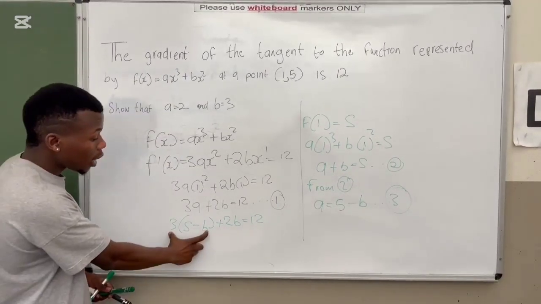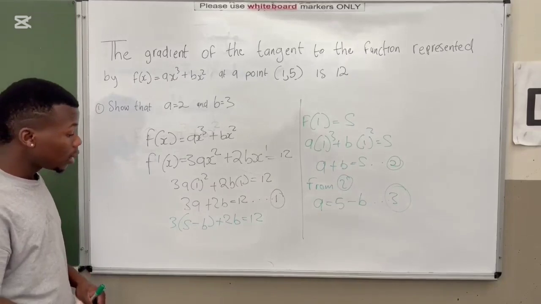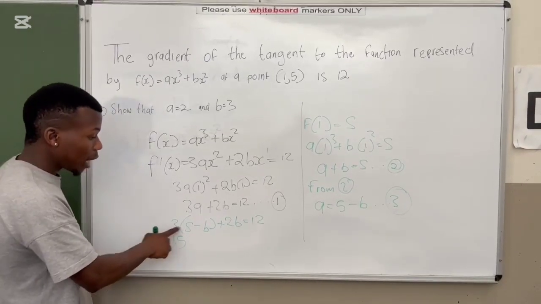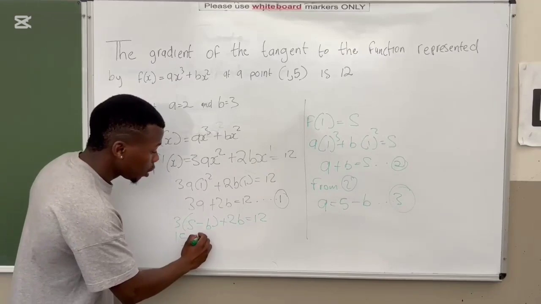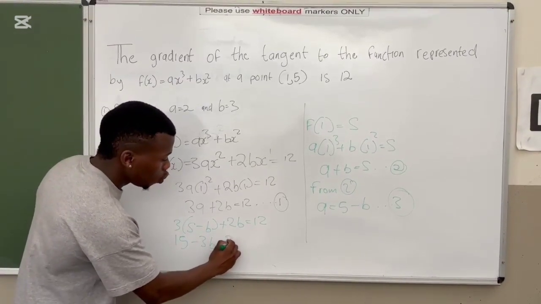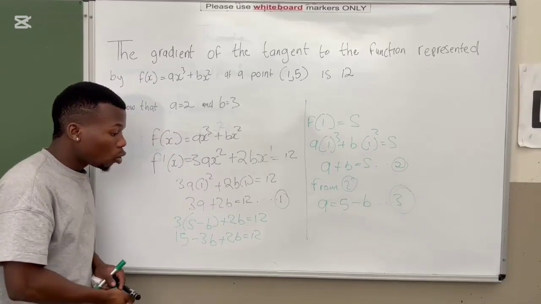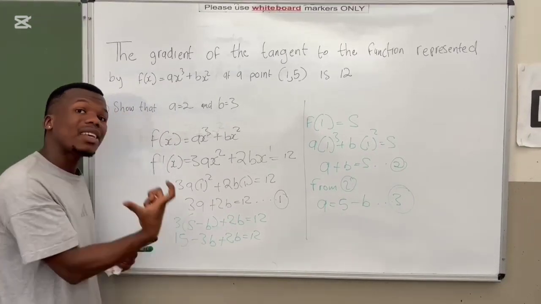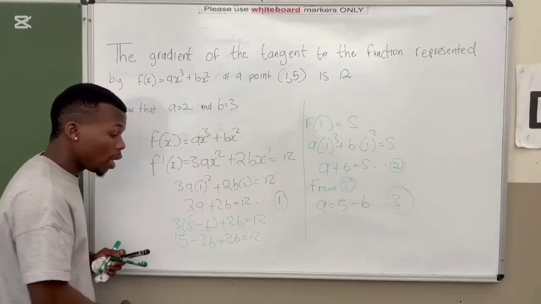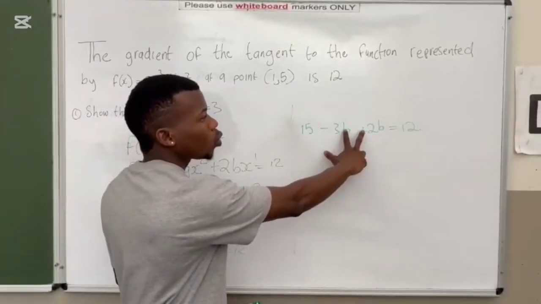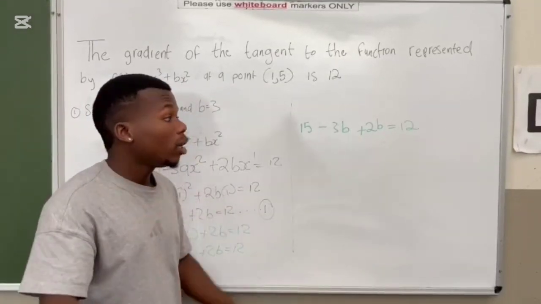And then I'm going to start by solving my brackets. It means I'm going to have 3 multiplied by 5, which is 15, 3 multiplied by minus b, which is minus 3b, plus 2b equals 12. This equation tells me that I'm going to solve for the value of b, because the value of b is the unknown here. Now let's check the like terms.